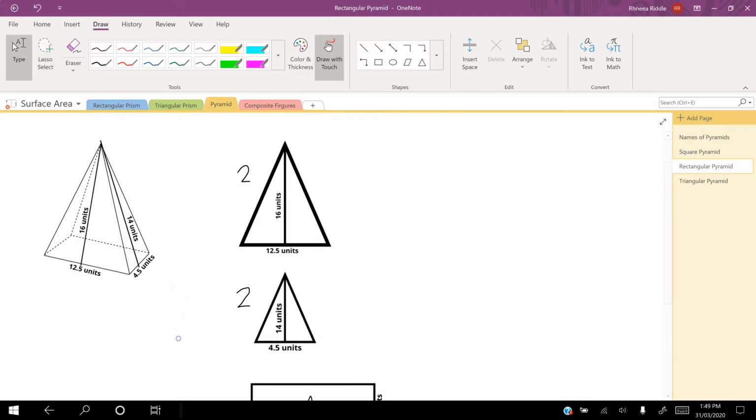So we're going to go ahead and start finding the areas of each of the faces. So again, area of a triangle is base times height divided by 2, or area equals 1/2 base times height. Both work perfectly fine. So we're going to get area equals, we have a base of 12.5 and a height of 16.